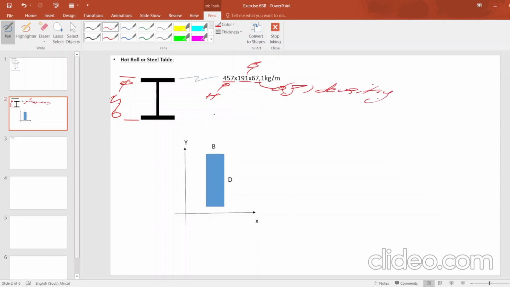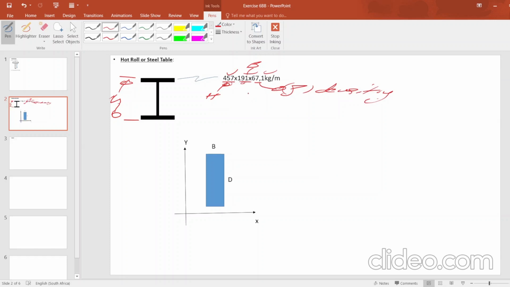Now, when given a beam and its profile, you will have to go to the hot roll. Even if we are given this dimension, like I said, this is your height, this is your base, and this is your density. You're not going to use this height, you're not going to use this base.